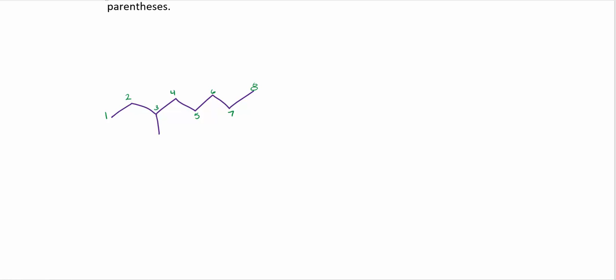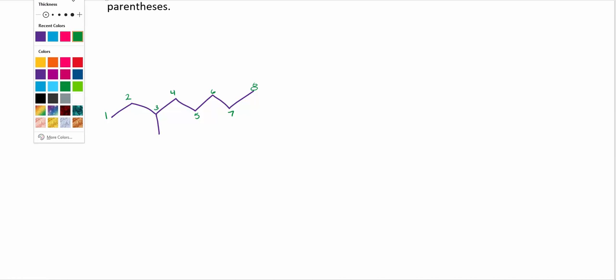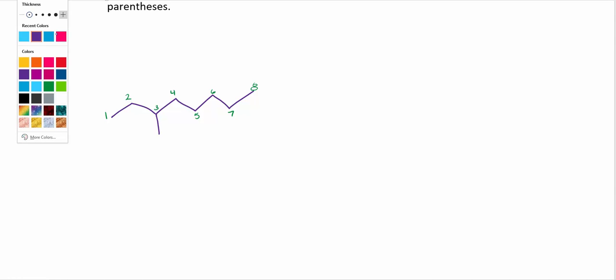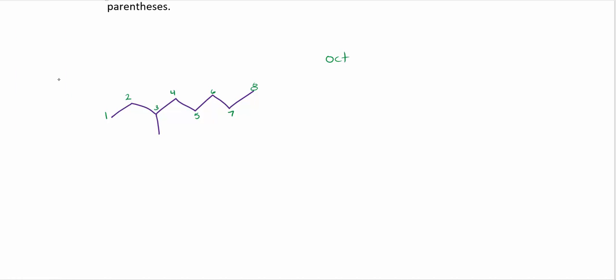Now I could have started my numbering here, and if I had done that, then I would have only had 7 carbons in my chain. That would be incorrect, because if I can number it a different way and get a larger number, that's the number I need to use. So here I have 8 carbons in this chain. That means I have an octane.